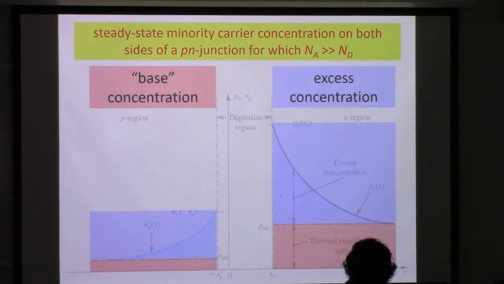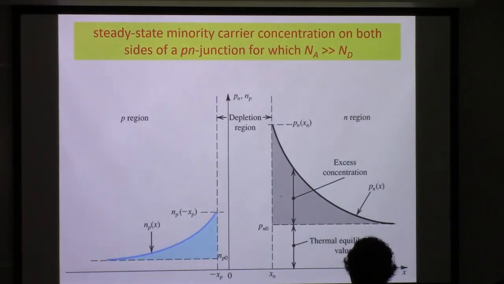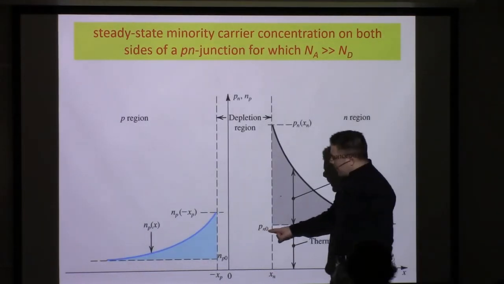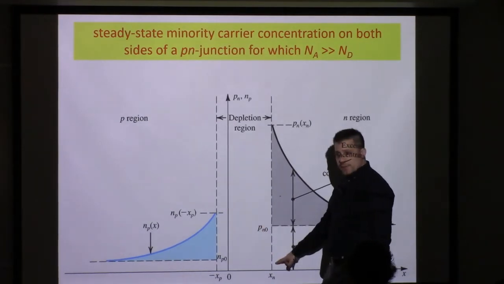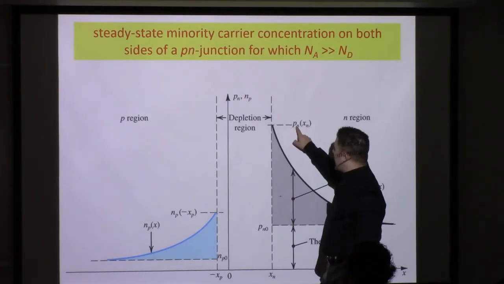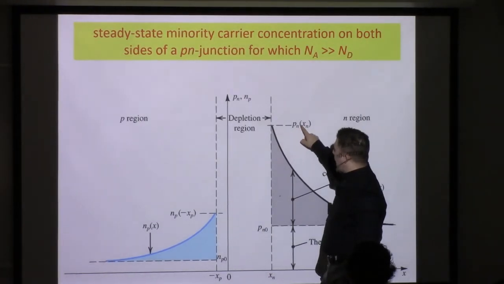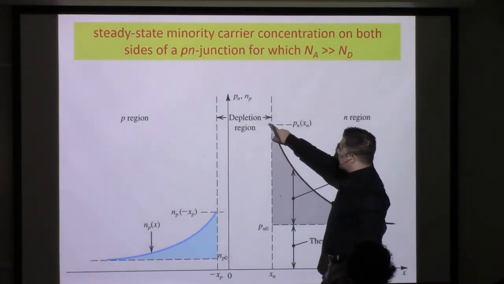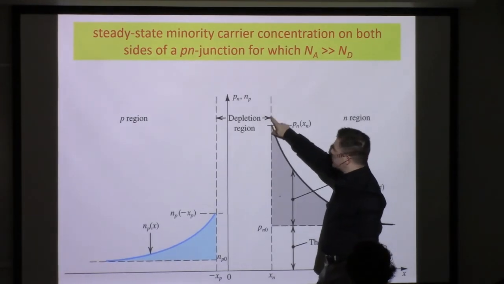Also, a couple things to pick out here value-wise. Again, Pn0 is the thermal equilibrium value of the minority charge carrier concentration. Pn at xn is saying what is the minority charge carrier concentration at xn.